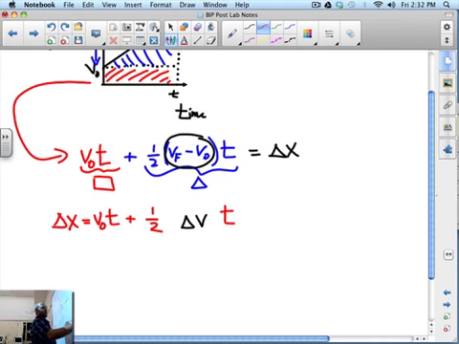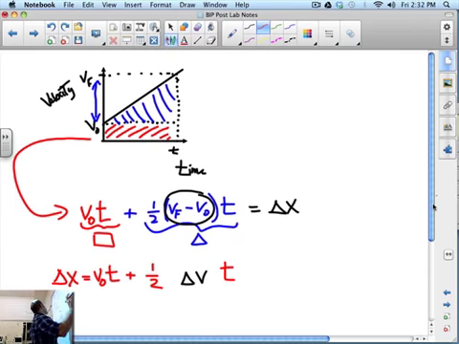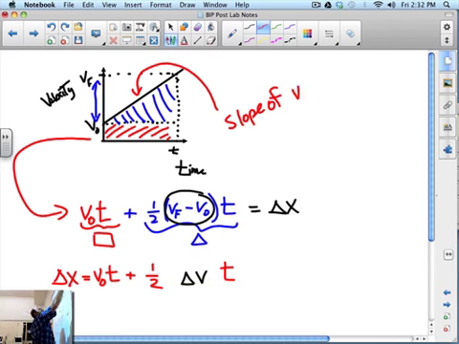And if you recall, our definition of the slope of this graph, slope of v versus t graph, is equal to acceleration.